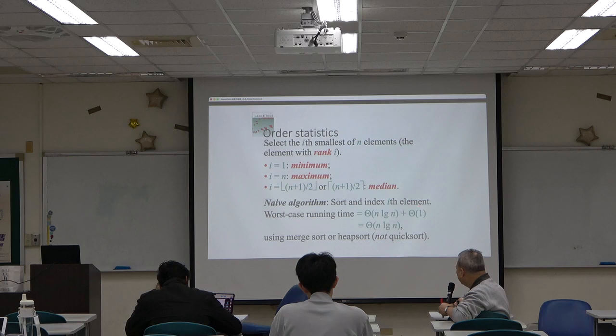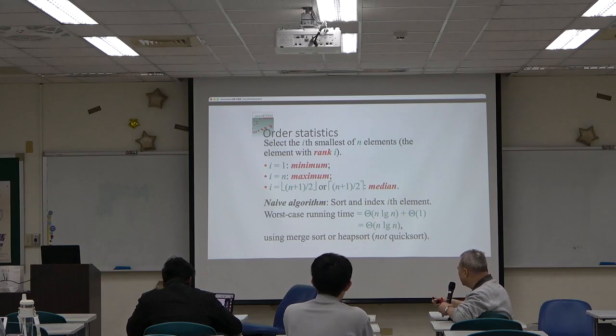So the worst case running time for this naive approach is theta n log n, plus a constant time to find the i-th element from the sorted list. So the complexity is obviously theta n log n.